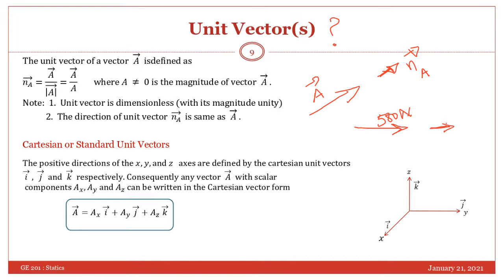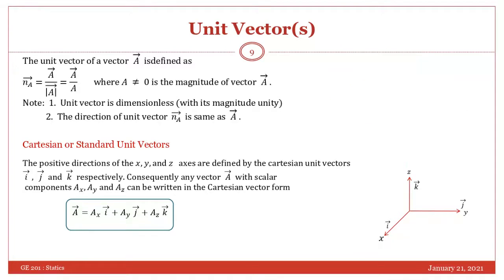For example, if this is acting in the positive x direction and the unit vector is i, we just have to multiply these two to get the force vector. So with the help of a unit vector, you can convert a magnitude into vector form, analytically. All right.